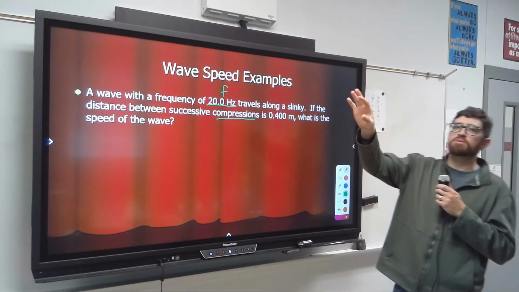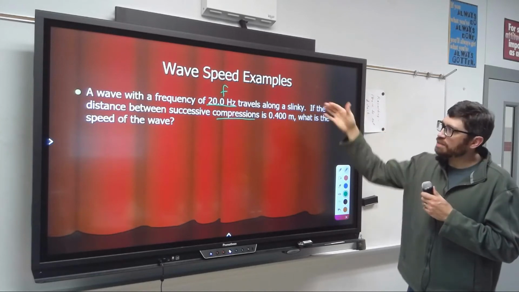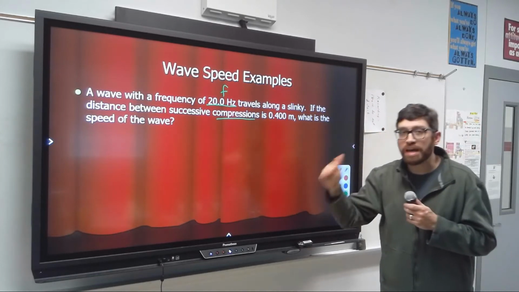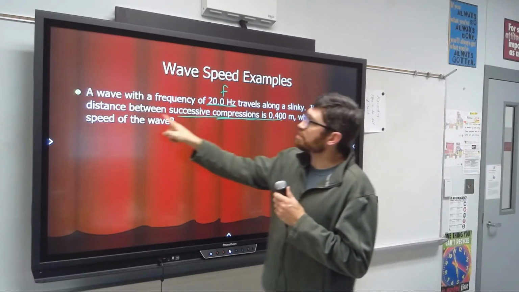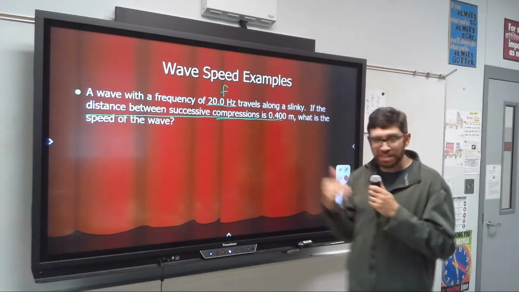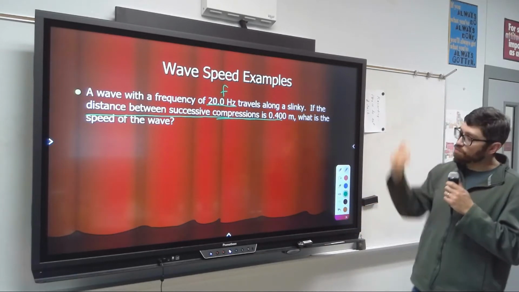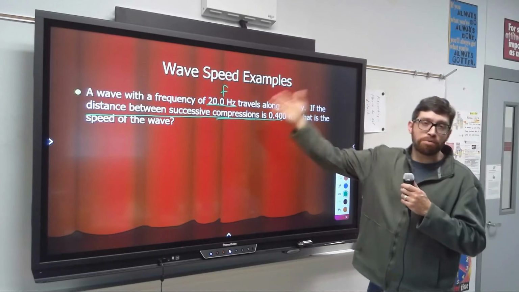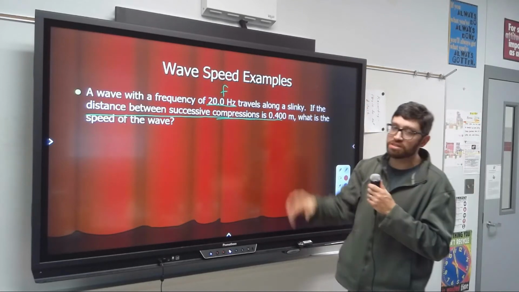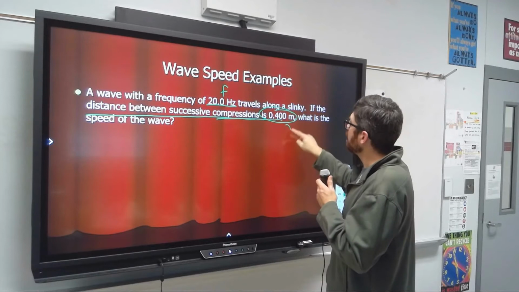Some people have trouble with this one because they don't know what this is. But if you know the definition of wavelength, you know that's what this is. The length of the wave is the distance from one part of the wave to the next identical part of the wave. And in a compression wave, that's compressions. We can measure the distance from one compression to the next, and that would be our wavelength.